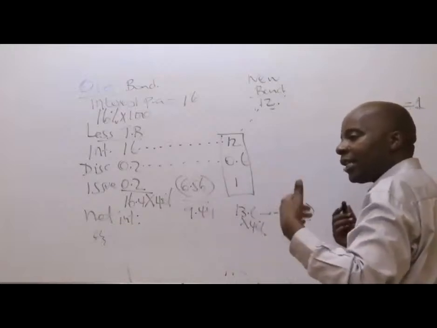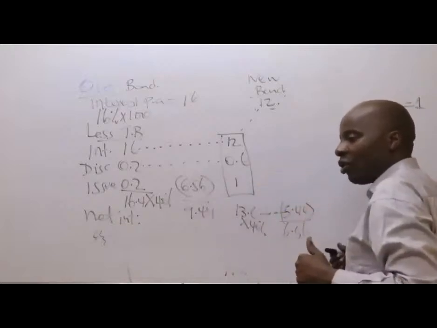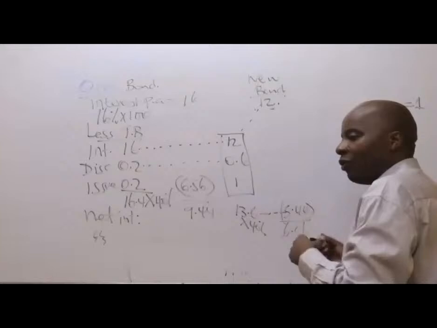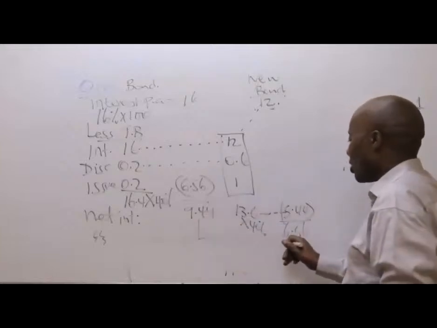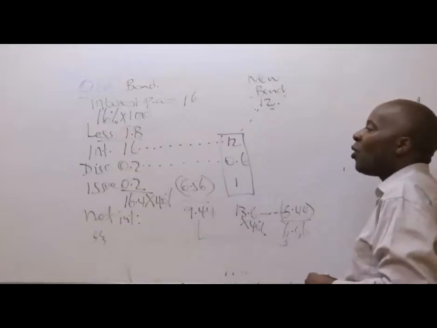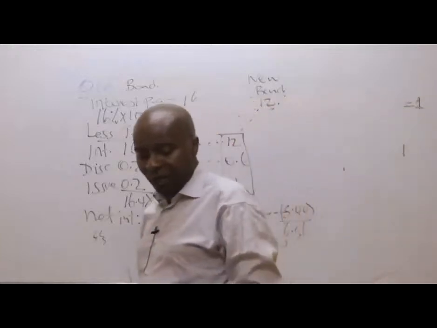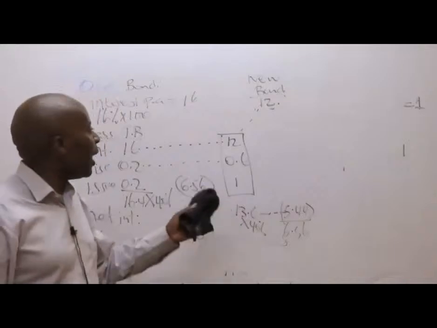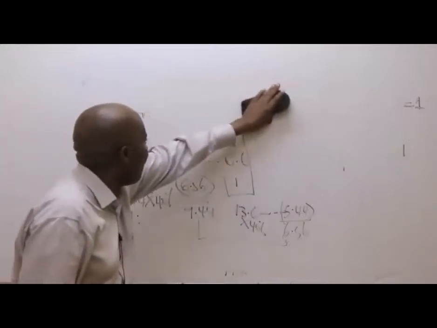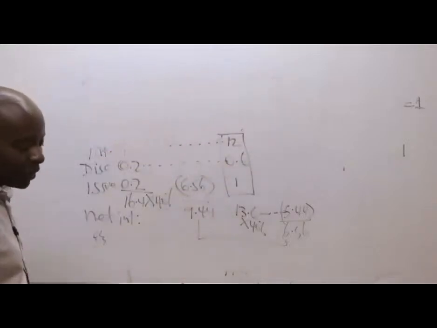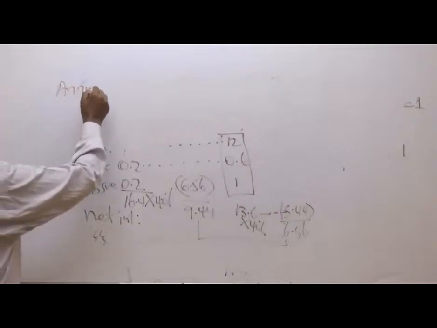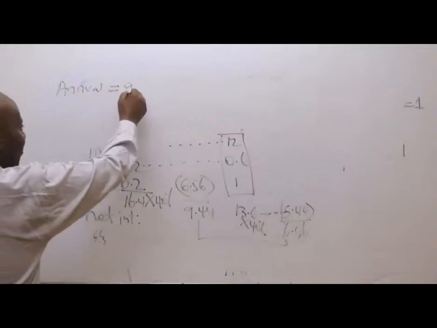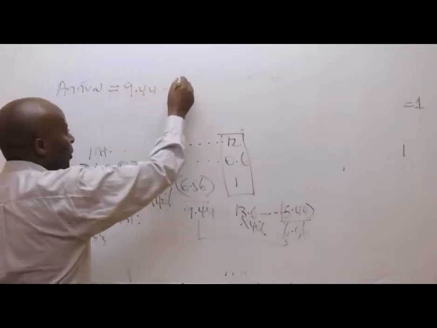So in that case, what is the benefit of running on with the new bond? The benefit will be the difference between these two. The annual benefit of the new bond will be 9.44 minus 6.56.